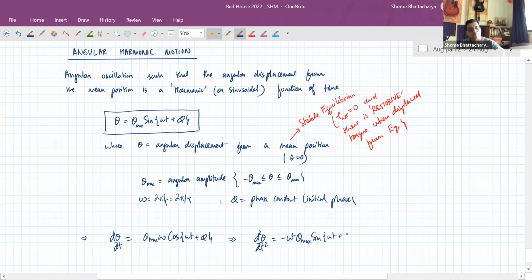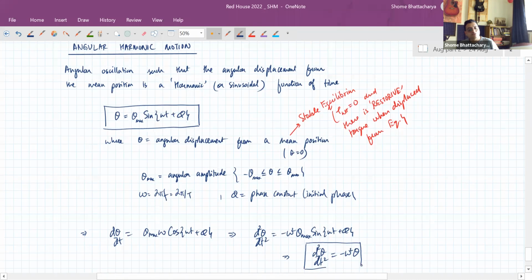So from this, we'll understand that the dynamical condition for angular harmonic motion is that d2 theta by dt square is minus omega square theta. That is, the angular acceleration is proportionate to the angular displacement from mean position and opposite in sense.